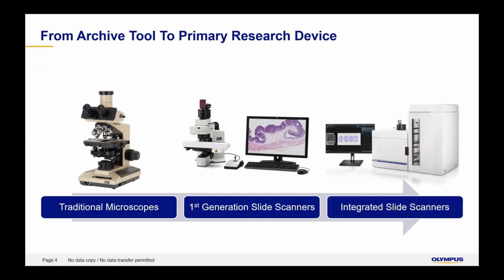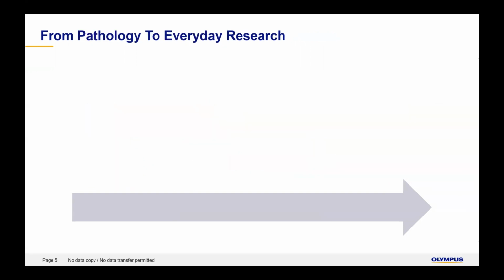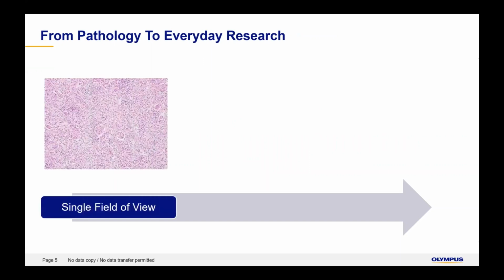The newest generation of slide scanners provide integrated imaging solutions that enable high throughput, automated scanning using a variety of different imaging modalities. So what does this look like in terms of the data produced? A single field of view on a traditional microscope offers a picture of what's happening in a region of interest. The higher the resolution you want to see, the smaller the area you can image.